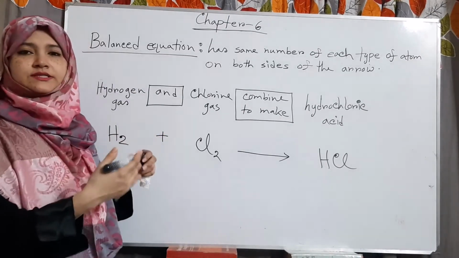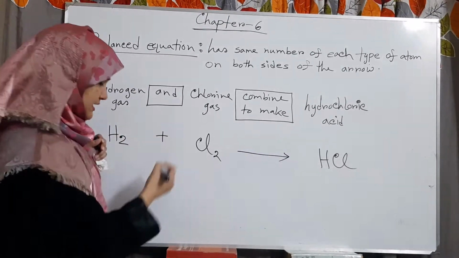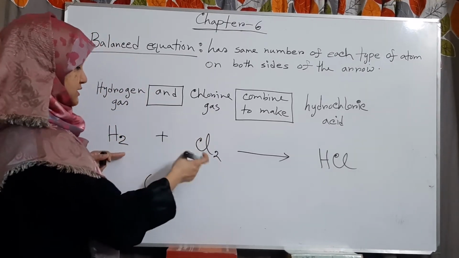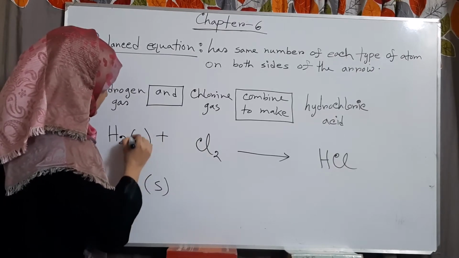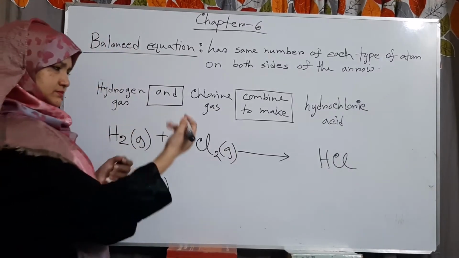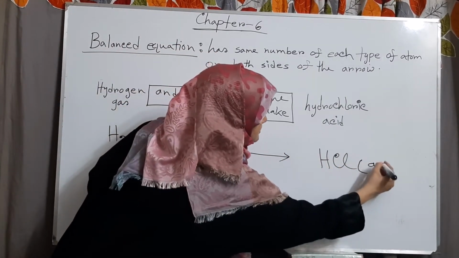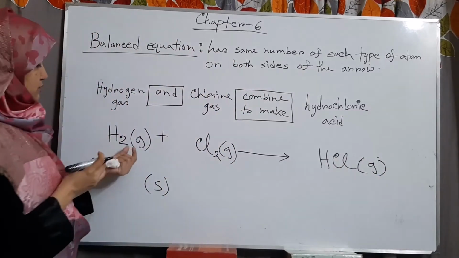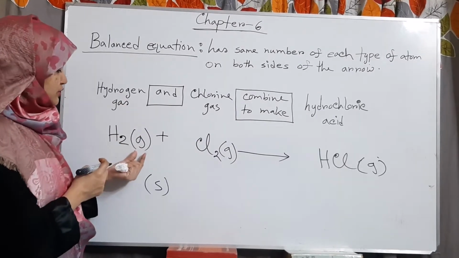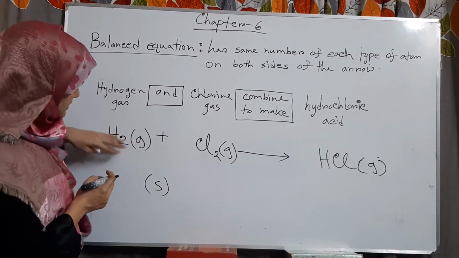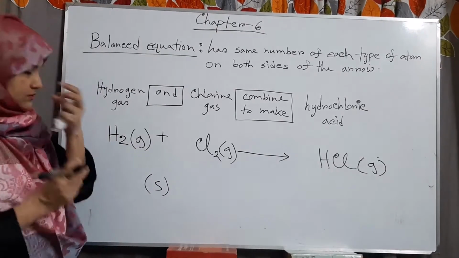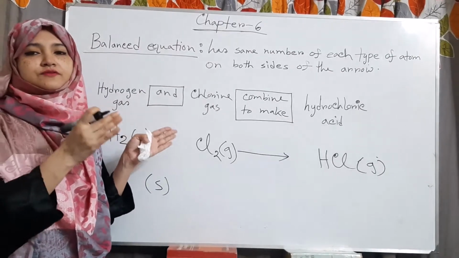If the physical state is solid, then we put s, and if the physical condition is gas, then we put g, like chlorine gas (g), and produce HCl gas (g). That means the physical states in short form are written at the right side of the formula of the element, within brackets.